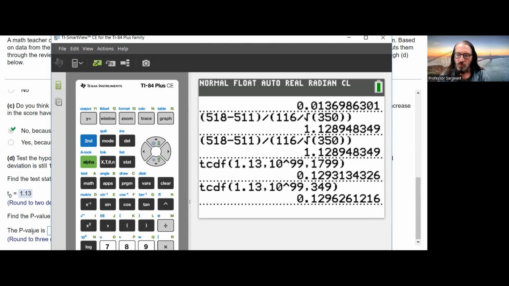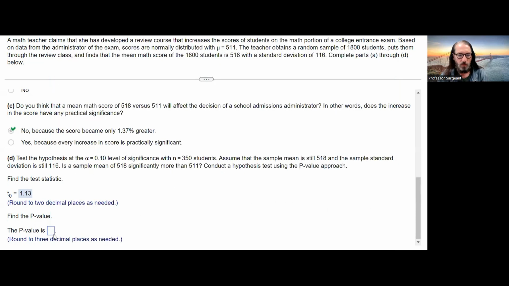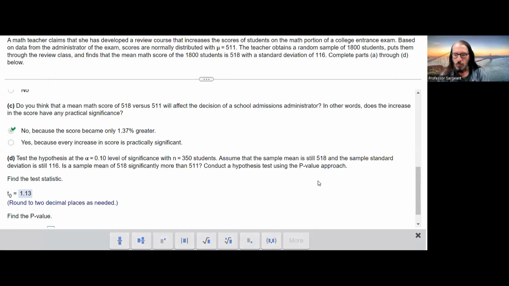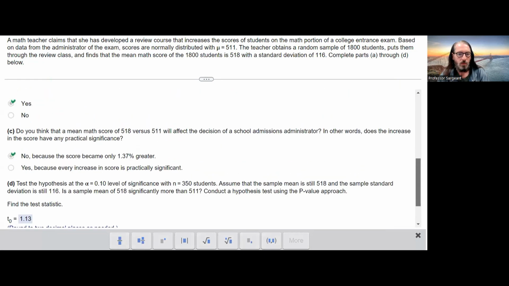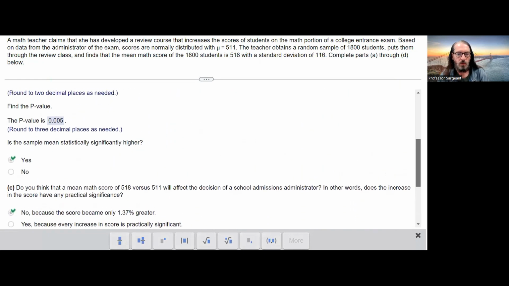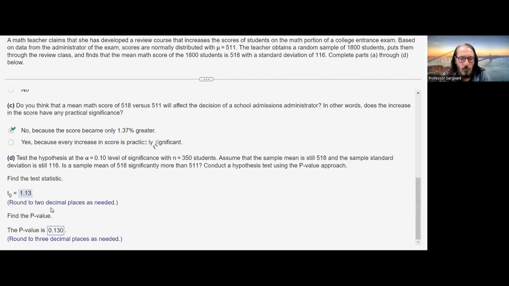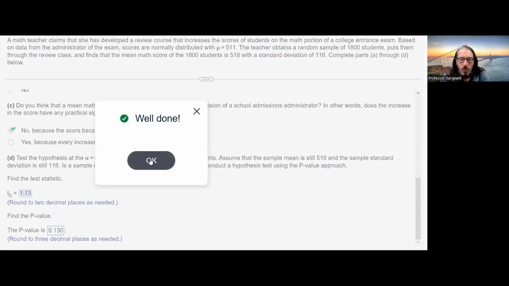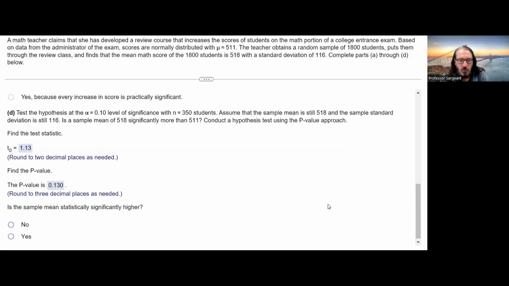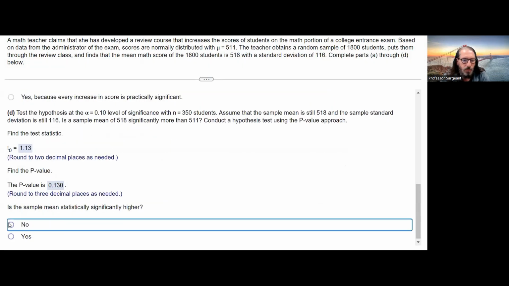So to three places, that will round up. The 6 is going to make the 9 go to 0, carrying that over, 0.130, which is worse than what we had here. Now, we would not have statistically significant information, and we would fail to reject the null hypothesis.